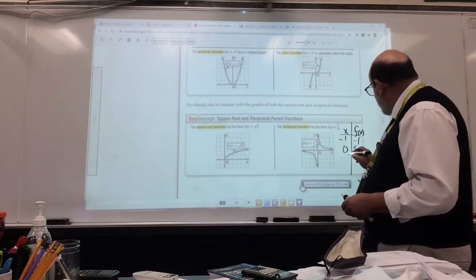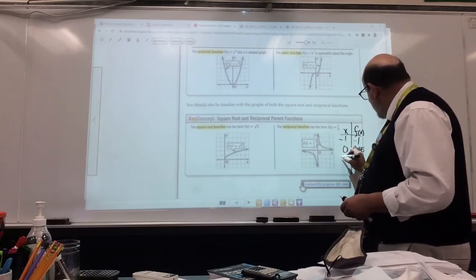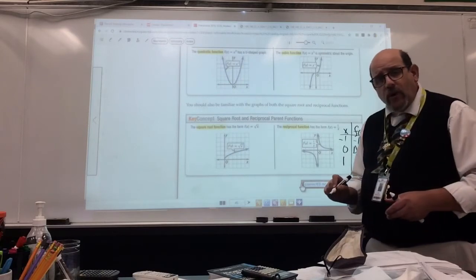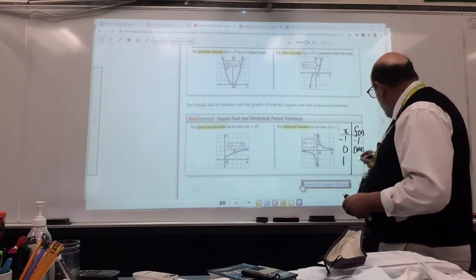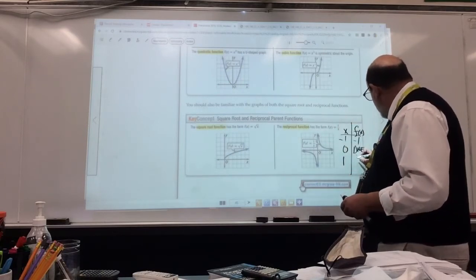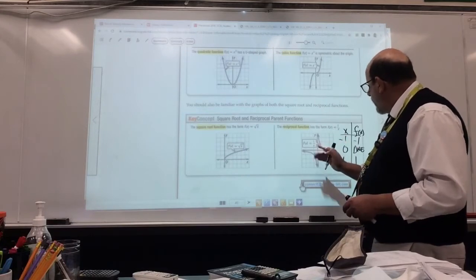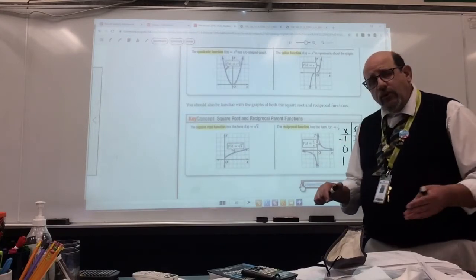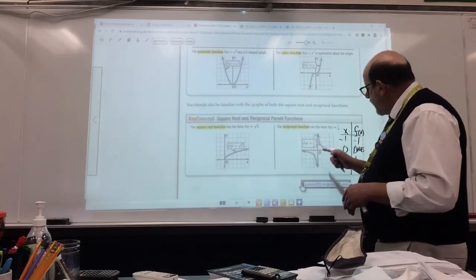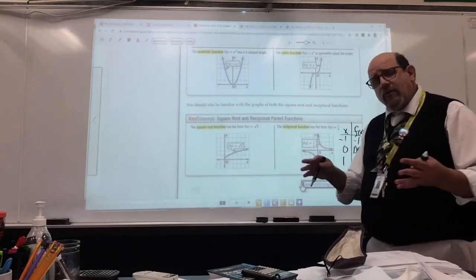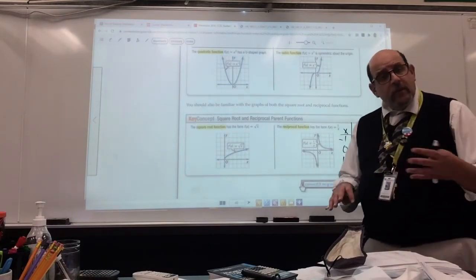That's what that means. And then if we put in the +1, obviously 1 over 1 is simply 1. And then if we wanted to put in other values, we wanted to put in a half, we would come out with 2. If we wanted to put in 2, we'd come out with a half. We could do that pretty simply.